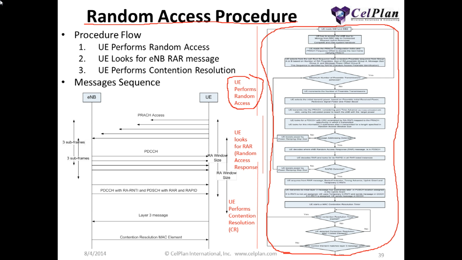The UE performs a random access. Basically how it does, it sends a signal, the signal doesn't reach, it increases by a step, it still doesn't reach, it increases by another step, nothing, another step, nothing, until it does reach the eNB with the desired target level.